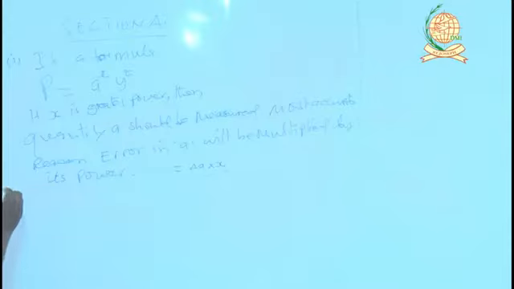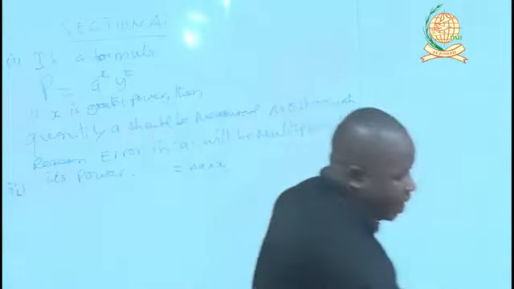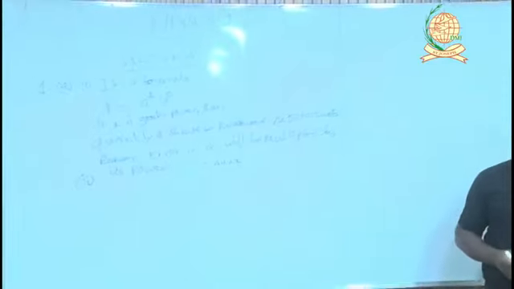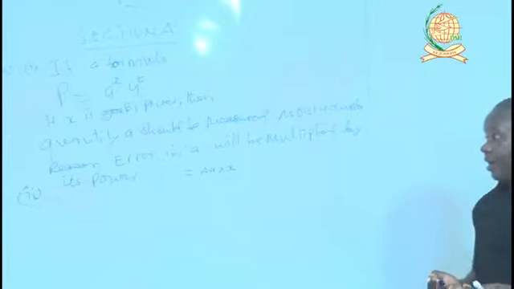We move to Part 2. The question says, explain the difference between the least count and error.